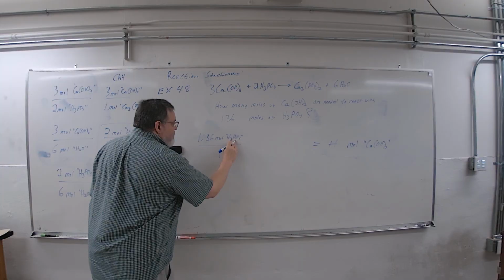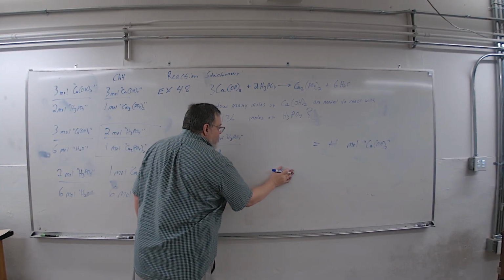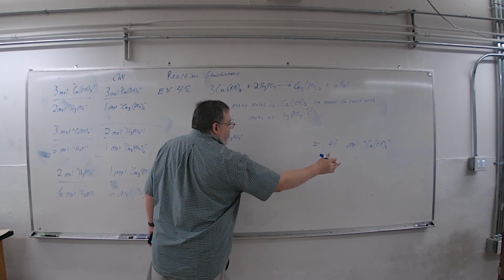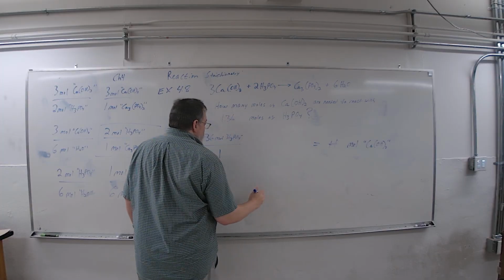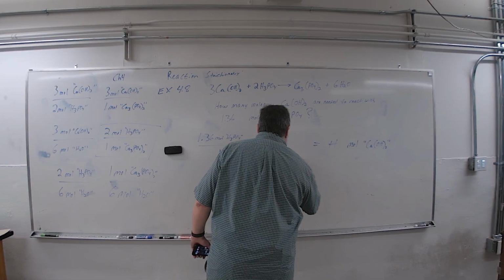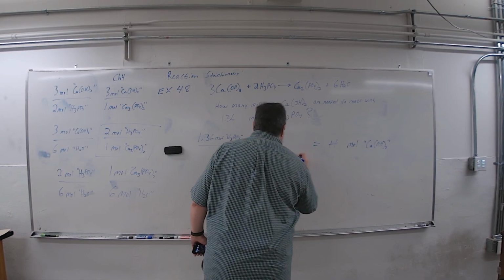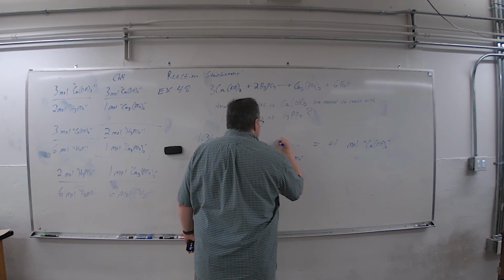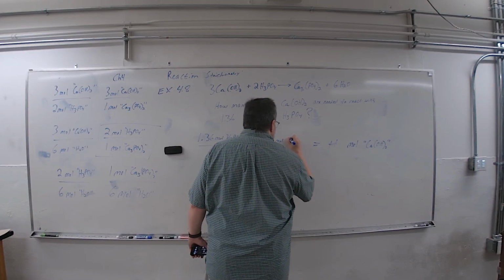I need moles of H3PO4 on the bottom so it cancels, and I need moles of calcium hydroxide on the top. So I'm going to go ahead and put moles of H3PO4, moles of Ca(OH)2.